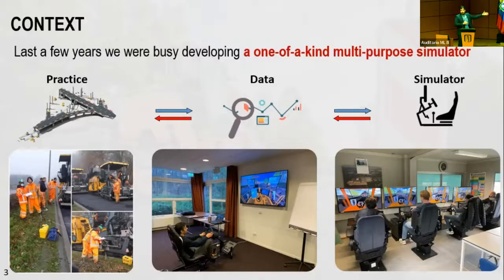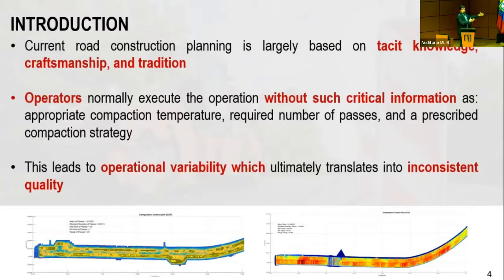Now we have 4 fully functional training simulators in Soma that we installed our simulator on. So we did this training. It was well received by the contractors. They actually keep asking us to have these training sessions with their operators. So everything seemed quite okay. We had some fantastic results with that.